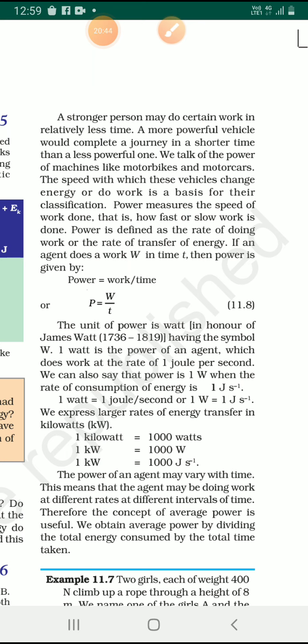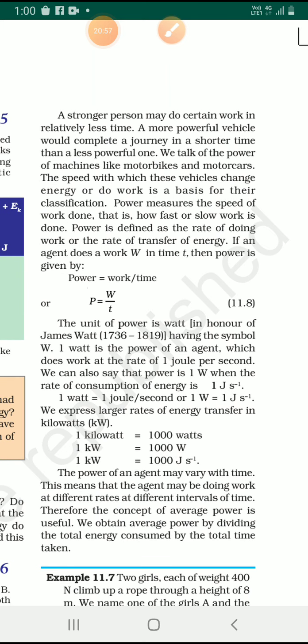So we talk of the power of machines like motorbikes and motor cars. The speed with which vehicles change energy to do work is a basis of their classification. So power means the speed of work done, that is how fast or how slow the work is done. Power is defined as the rate of doing work.